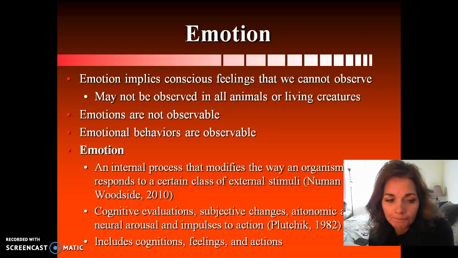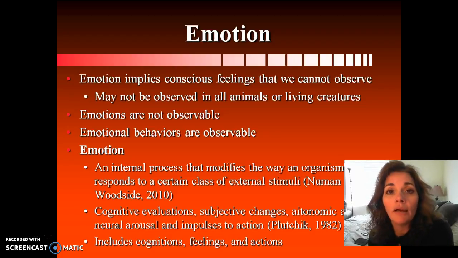And we need to keep in mind that emotions aren't inherently observable. What we use is the behaviors to infer the emotions, and behaviors are most definitely observable. But when we're talking about emotion, we define it as something that's internal.